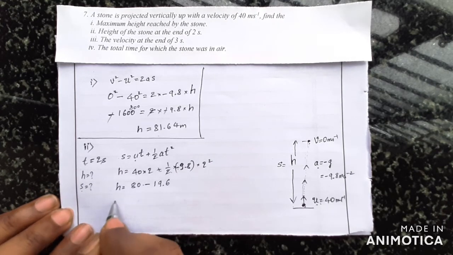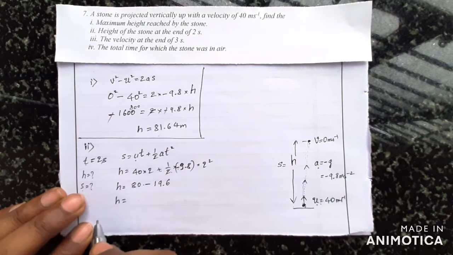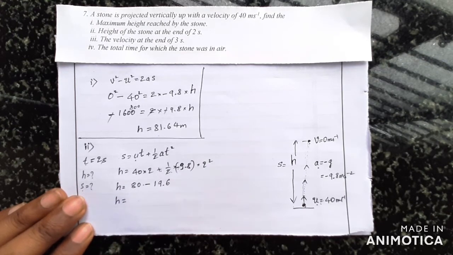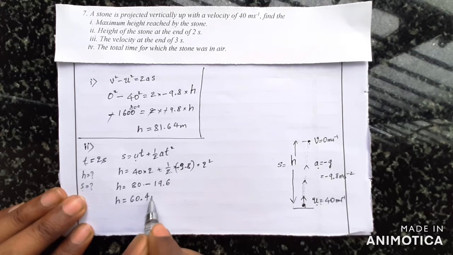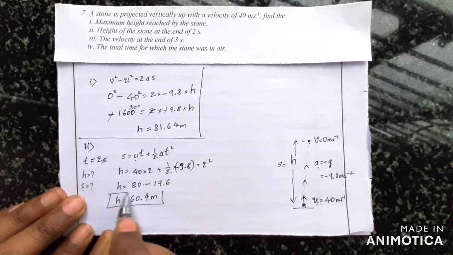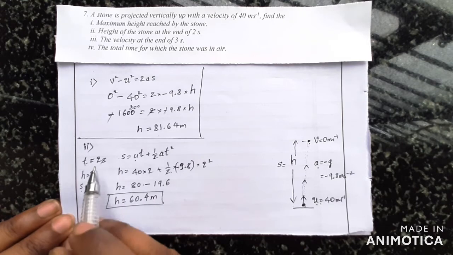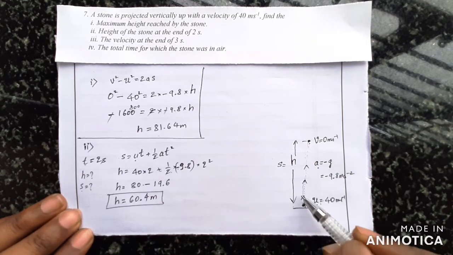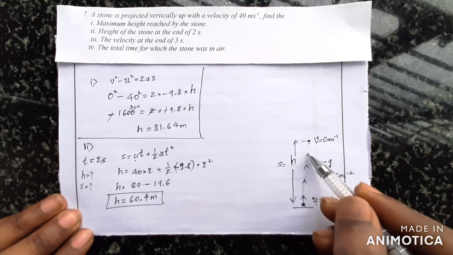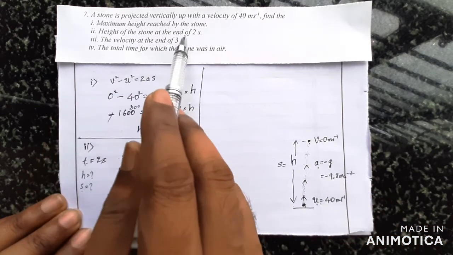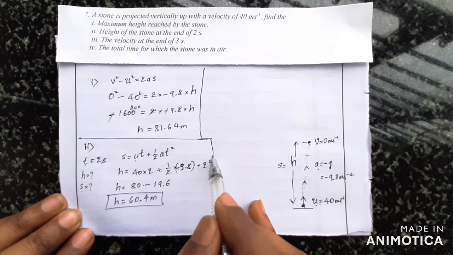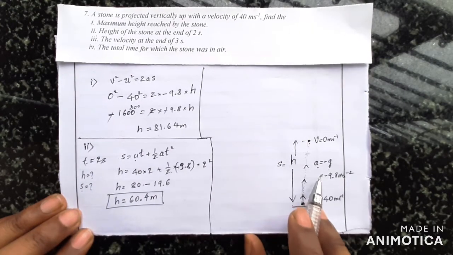So now h will be equal to 80 minus 19.6, which will be 60.4 meter, which means after 2 seconds the stone has travelled a distance of 60 meter somewhere here. Okay, so this is the answer for second sub question of 7th question.